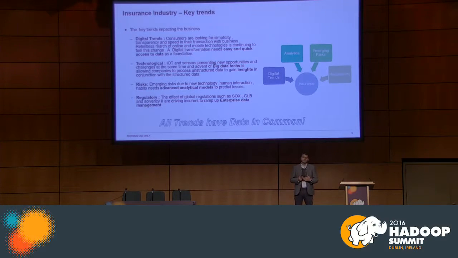To start with, the digital trend is a key thing we are looking at from an insurance business perspective. Customers are thinking about interacting with or buying insurance the way they buy things over Amazon or Netflixes of the world.